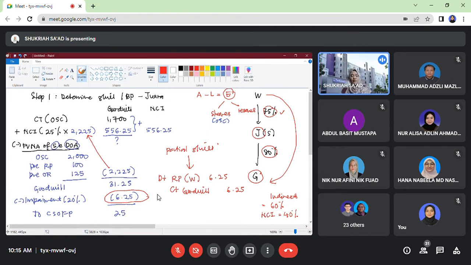Nanti we come to full goodwill, I will show you how will be the journal entry for full goodwill pula. Ini adalah journal entry if you are dealing with partial goodwill. Okay. Boleh? Alright. Tak settle lagi Juara ni, baru satu item, ordinary share capital. Kita ada satu lagi, apa dia kelas?